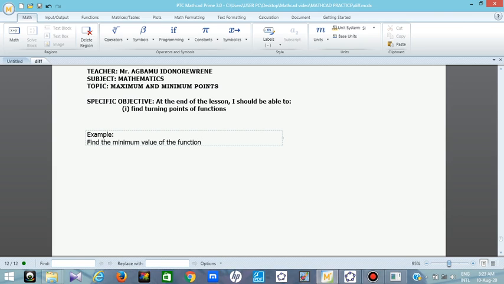Let's take this as the function. Let's say y is equal to 2x squared minus 4x plus 1. So let's say you are asked to find something like this. How do you get the minimum value of this function?